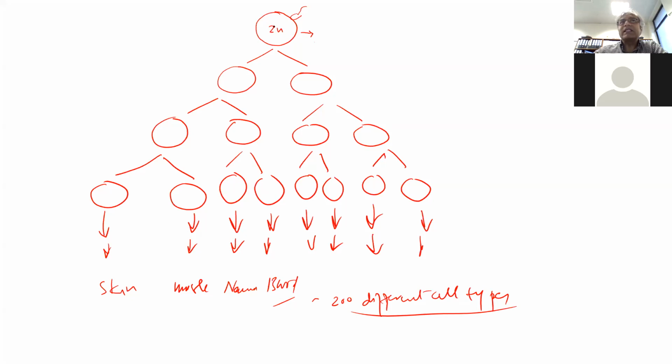Now the question is, all of them are progenitors of this cell, which means each cell contains the same 46 chromosomes, except cells which undergo meiosis.